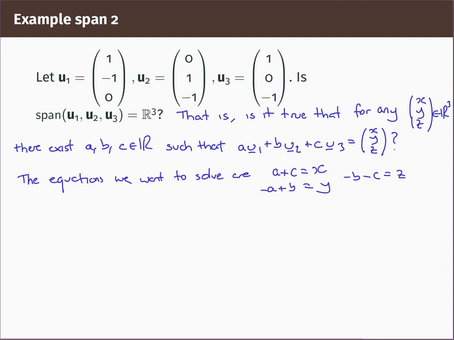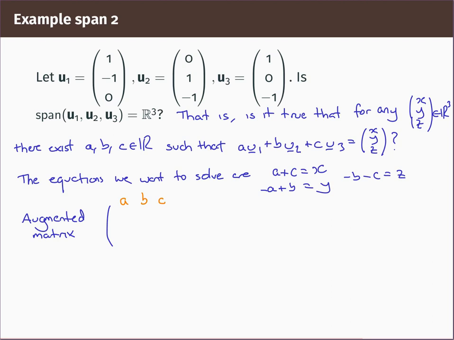So we can solve these by using the method of row-reduced echelon form. So let's write down the augmented matrix. So we are talking about the three variables a, b, and c.